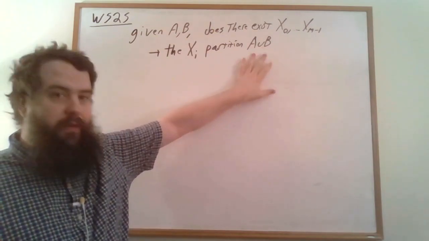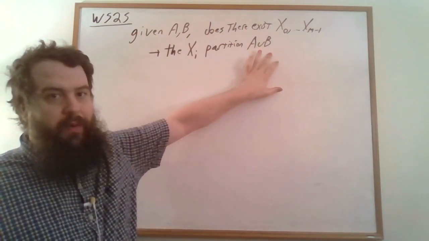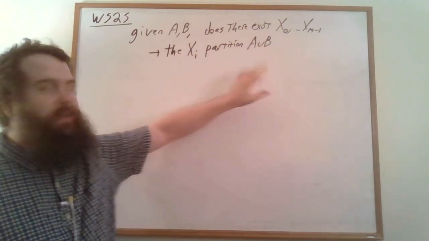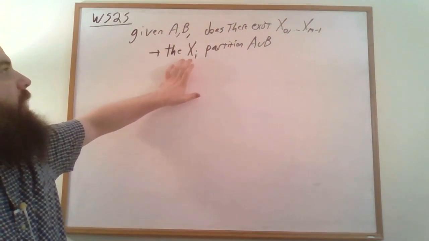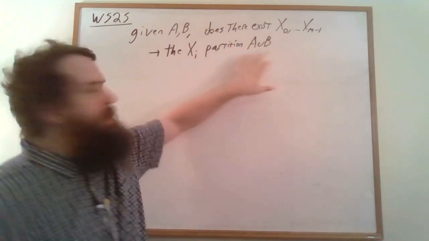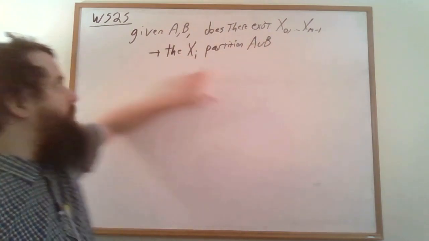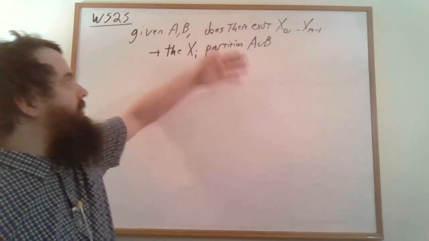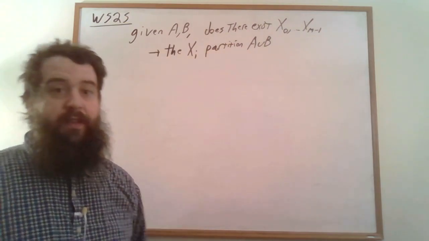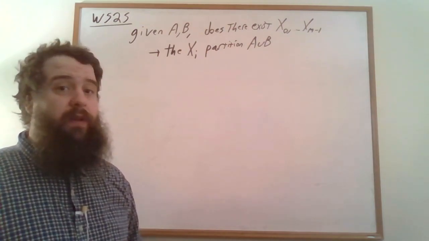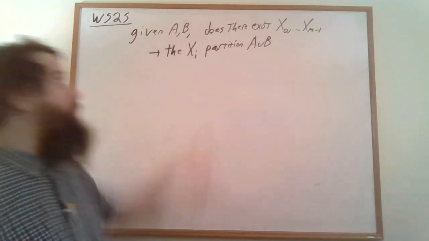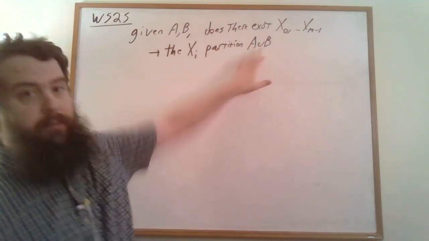Those are just positions where A appears and positions where B appears. Well, okay, that's all of the positions. And then we want to associate one state to each of those positions, and that's going to be the xi that contains that particular position. So the xi's are going to have to be disjoint, and we're going to want their union to be the whole tree, A union B.